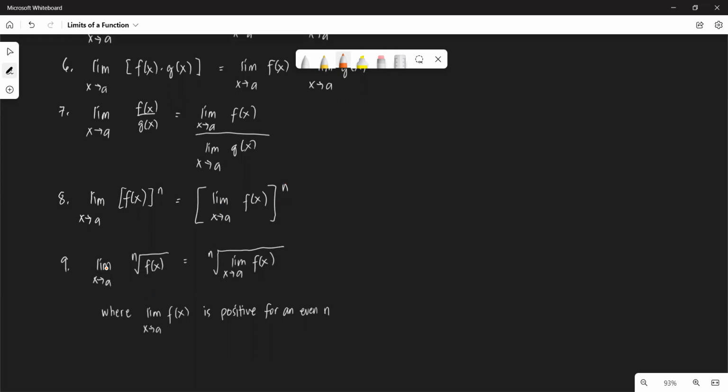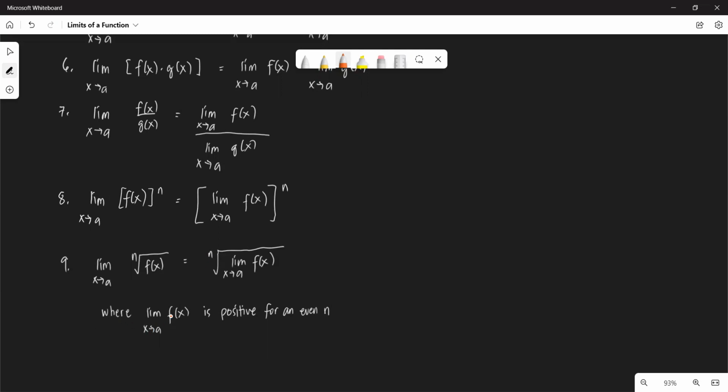And then lastly, if the nth root of a function is being evaluated by getting its limit as x approaches a, you first get the limit of the given function as x approaches a, and then you get the nth root.